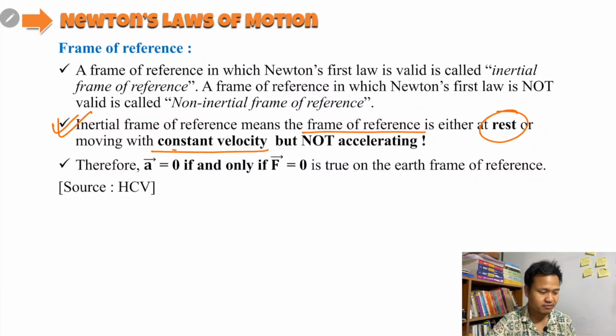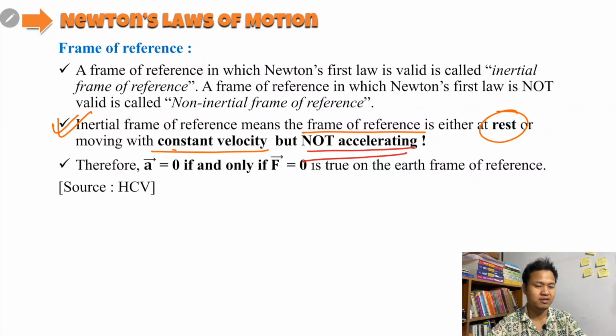If that frame of reference is either at rest or moving with constant velocity, only then you can say that it is an inertial frame of reference. Otherwise, if it is accelerating, then that frame of reference is not an inertial frame of reference. We call that a non-inertial frame of reference.